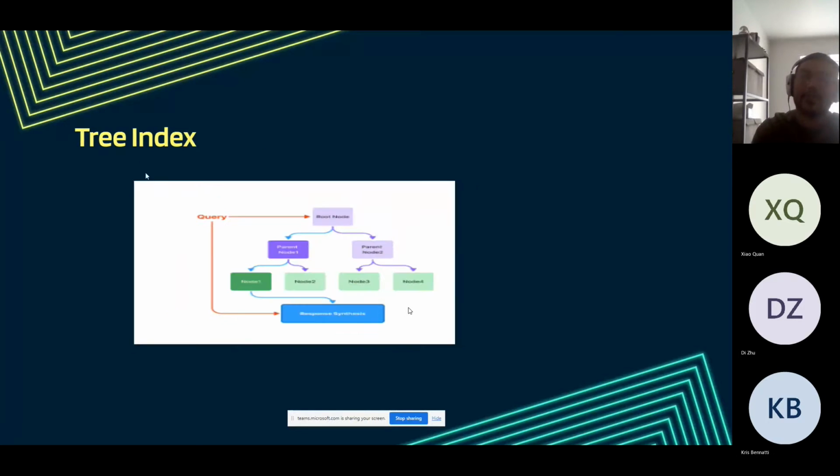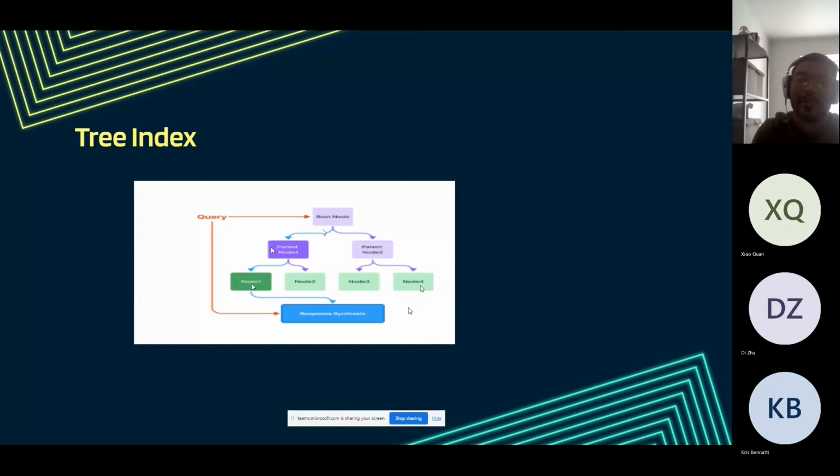You can also do a tree index, and one exciting feature about LlamaIndex that has not been explored as much so far is the ability to compose indices on top of each other. But here, just looking at the tree index, it's constructed bottom up. So you have node 1, node 2, node 3, node 4.